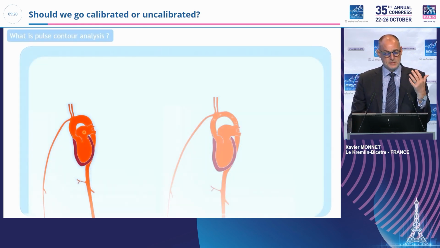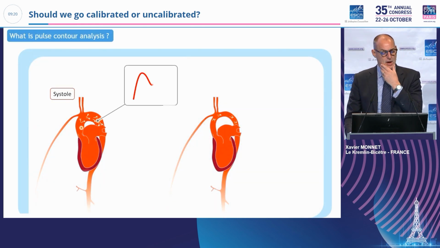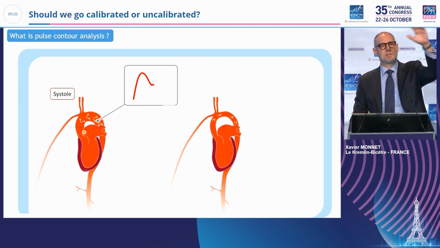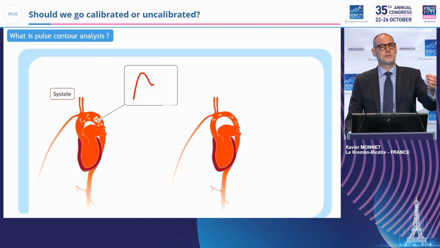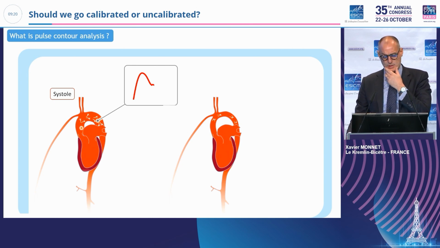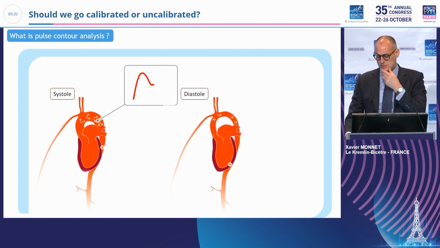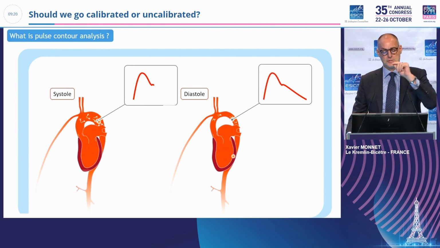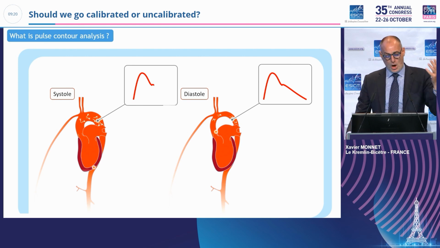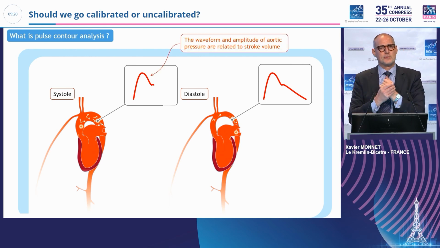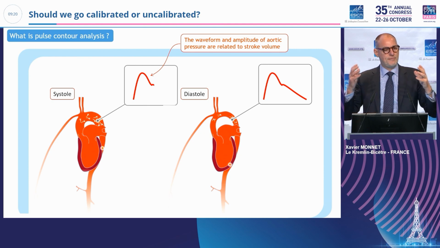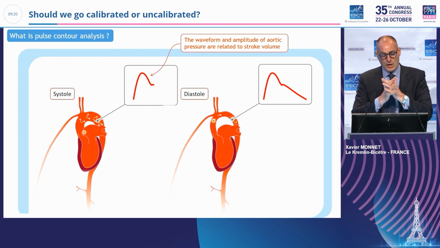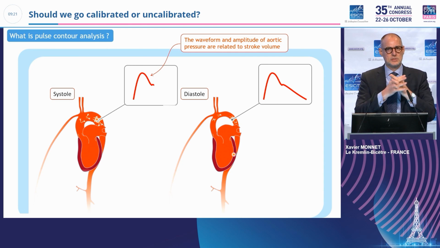And basically, this is based on the physiological facts that, as well explained by Antonio just before, during systole there is an increase in arterial blood pressure, so the upstroke that occurs during systole dilates the aorta, and during diastole there is this decay in the aortic arterial pressure. So obviously, and no need for a figure to tell that, the waveform and the amplitude of aortic pressure are related to stroke volume.